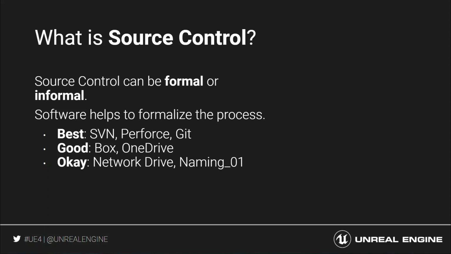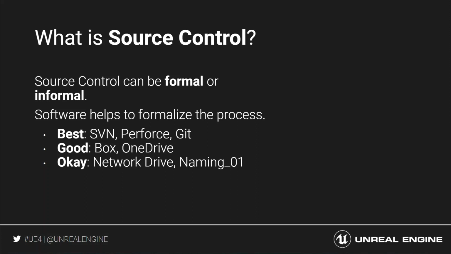Now, there are some issues with it, especially when two people modify the same file at the same time. You can often end up with conflicts, and one person's work will clobber the other person's work, and that's not great. There can also be some issues with just file security in general.